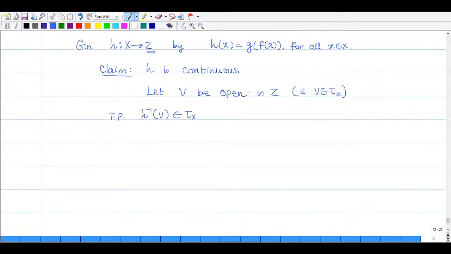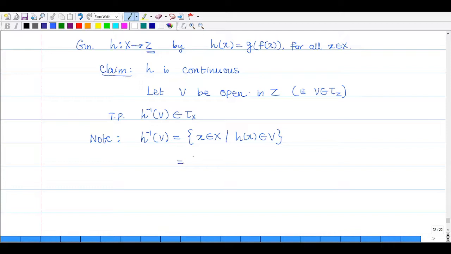சரி, இது எப்படி சொல்ல போறேன் அப்படினா, note, h inverse of v அப்படிங்கிறது பாப்போமா. அப்போ h inverse of v ஆக இருக்கணும்னா எப்படி இருக்கணும், this is equal to the set of all x belongs to capital X such that h of x belongs to V. கரெக்ட்டா?